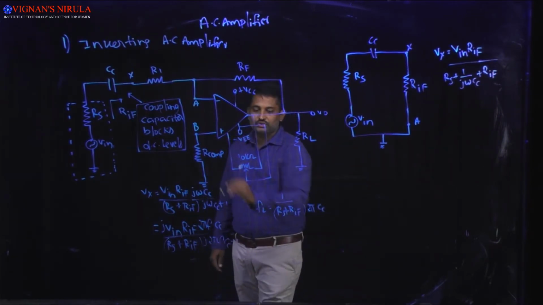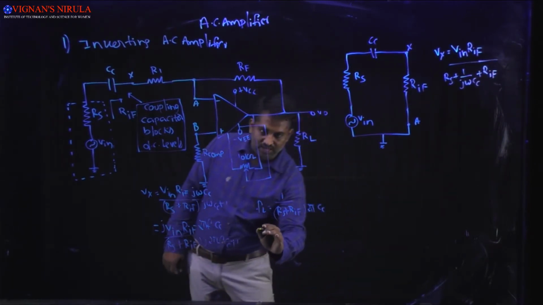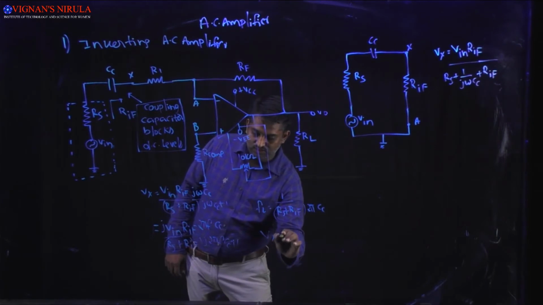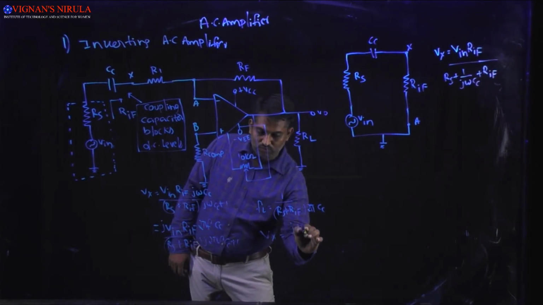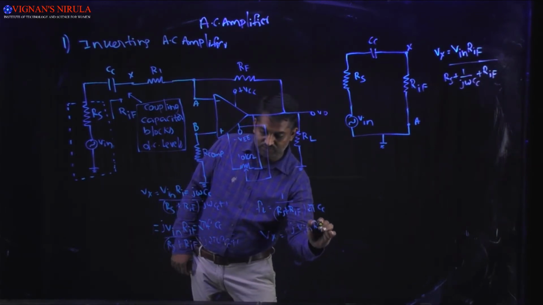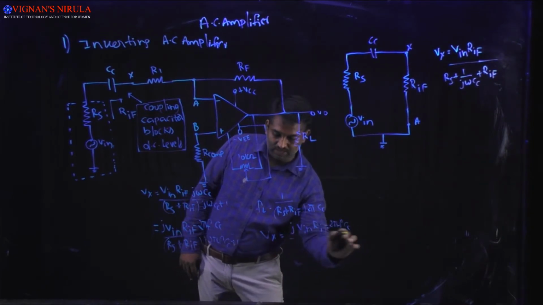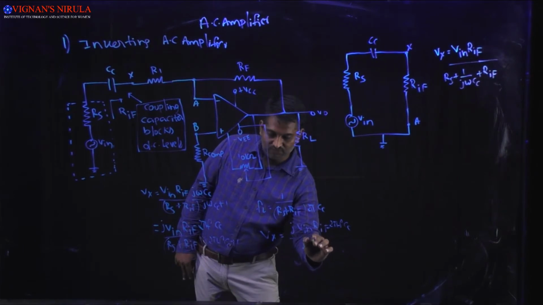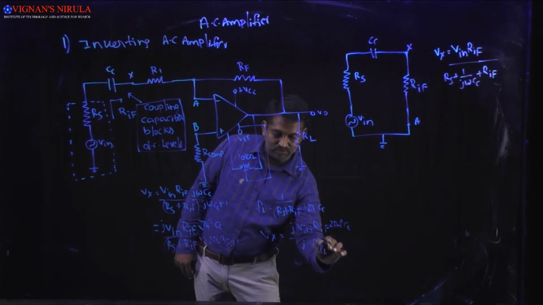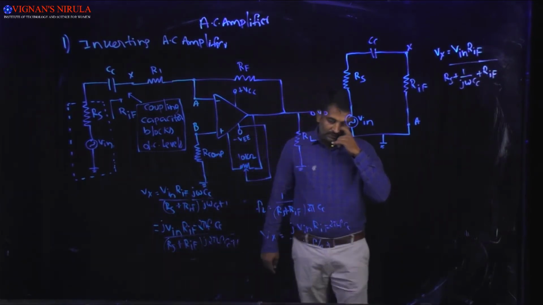So substitute this value in this equation, then you will get Vx is equal to j into Vin RIF into 2 pi f Cc divided by j into f by FL plus 1. Okay, that is about the Vx value.